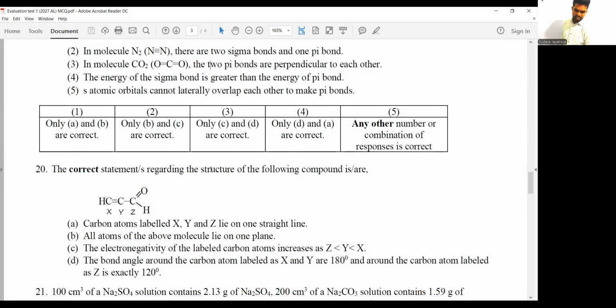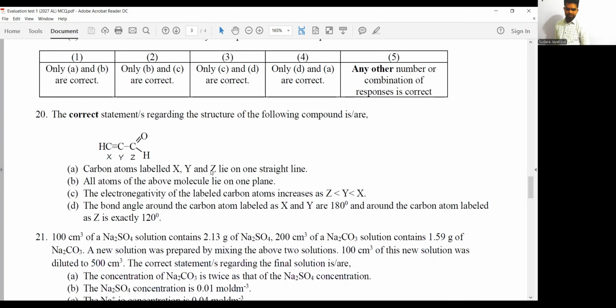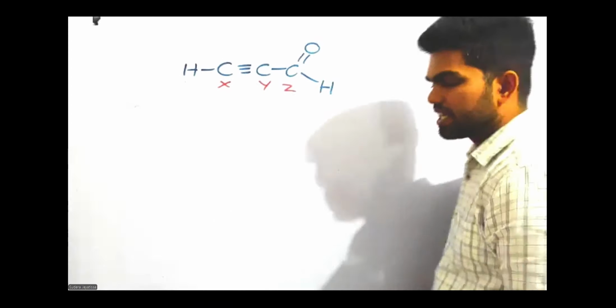It is asking for the correct statement regarding the structure of the following compound. I'll draw the structure they have given: a triple bond C, then C, then COH. And they have labeled the carbon atoms X, Y, Z. The statement: these carbon atoms labeled as X, Y, Z lie on the same straight line.